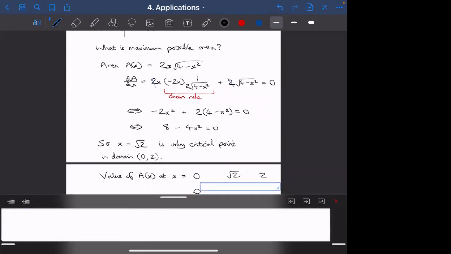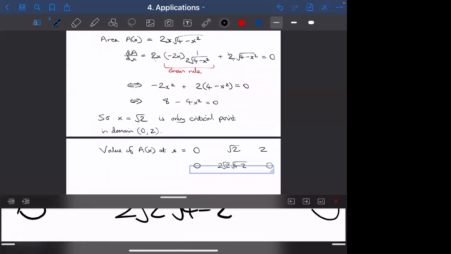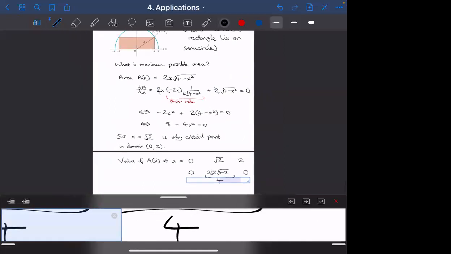So at the endpoints, the function gives 0. And at square root of 2, it gives 2 times square root of 2 times square root of 4 minus x squared, and 4 minus x squared then is 4 minus 2. So this is 4.